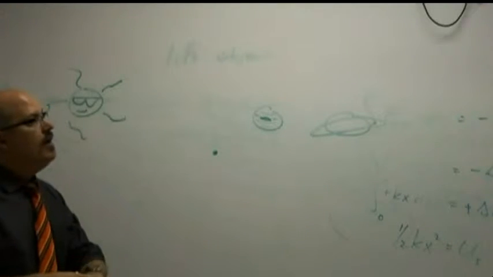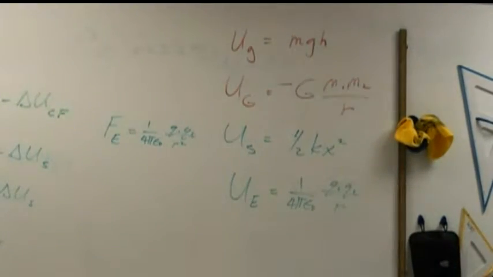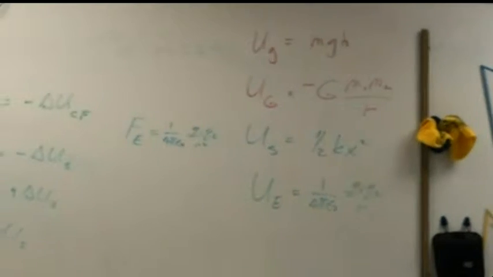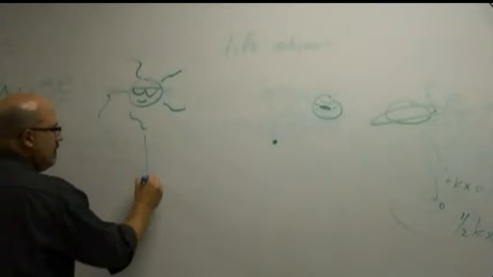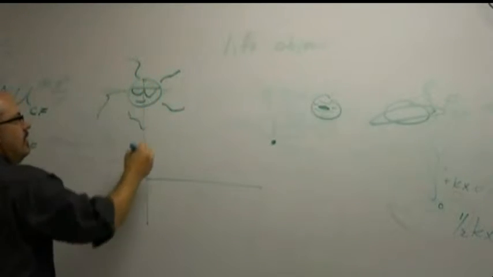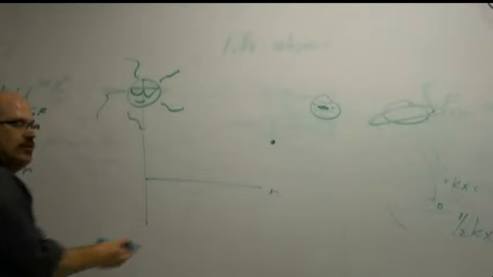Now, look at what it's going to look like. What does the potential energy look like for just the sun? If I was going to graph the potential energy, and say here's the center of the sun, here's the radius from the sun, what does the potential energy look like?